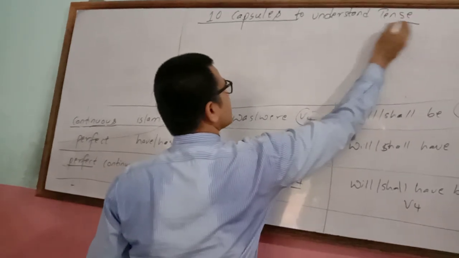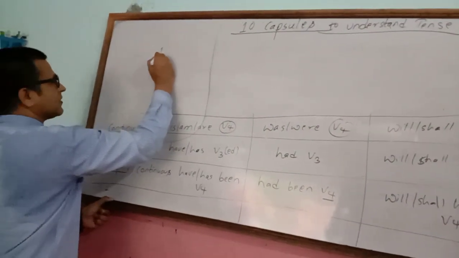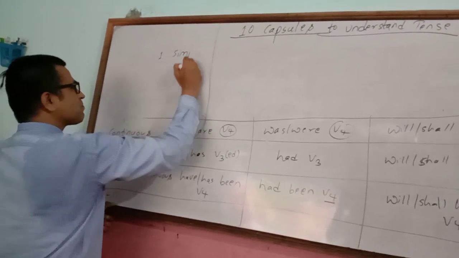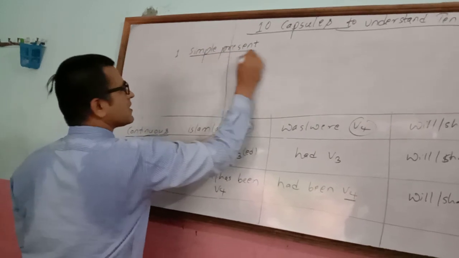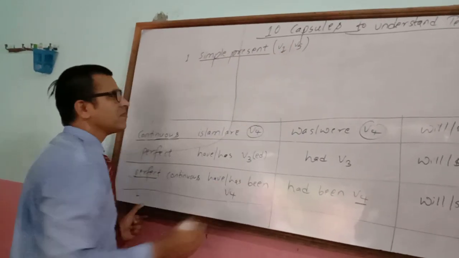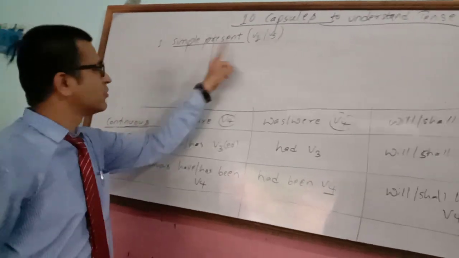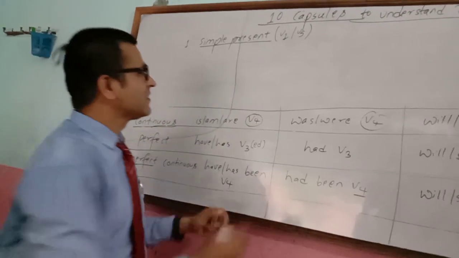Now, dear students, what 10 capsules are there? Capsule number 1 is the capsule for simple present, right? And you understand the structure. What is the structure? V1 or V5. In case of a singular subject, we take V5. In case of a plural subject, we take V1, right?